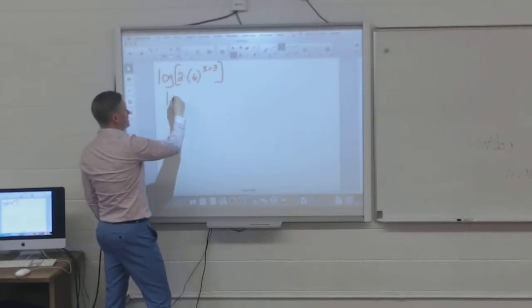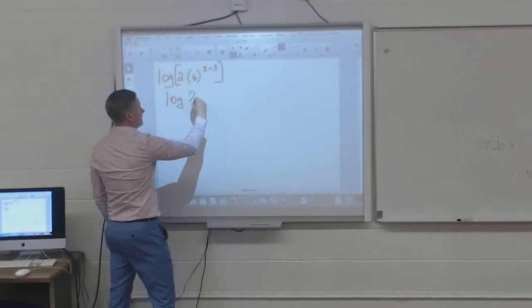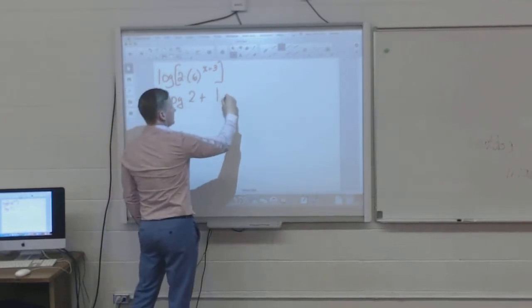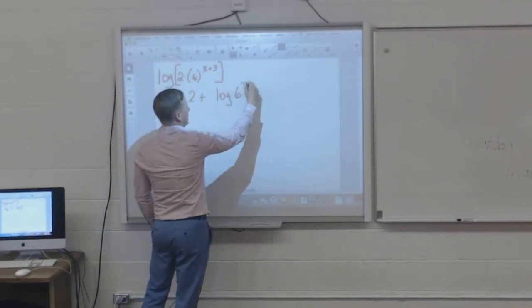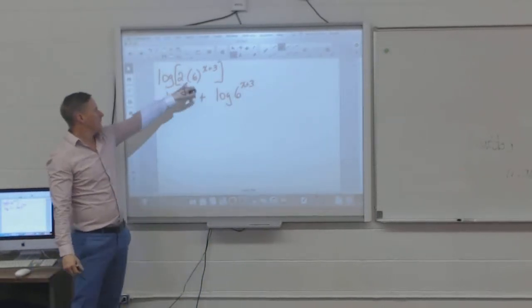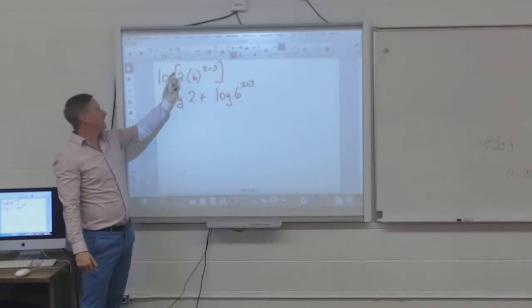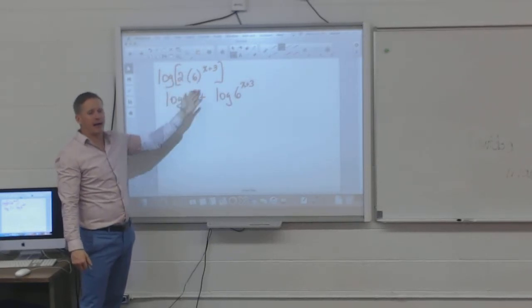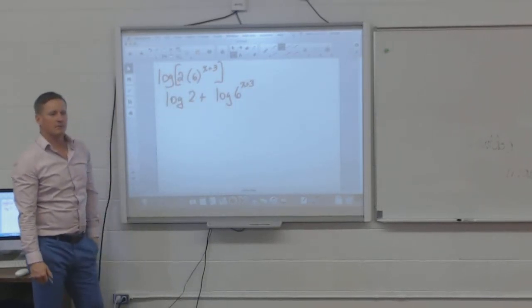Add. So that changes to log 2 plus log 6 to the x plus 3. My logarithmic law says that if I'm multiplying here, I change them and I add them. That's the first rule of logs.